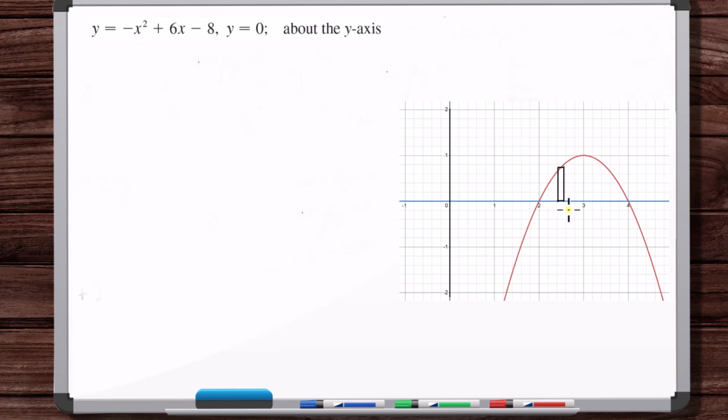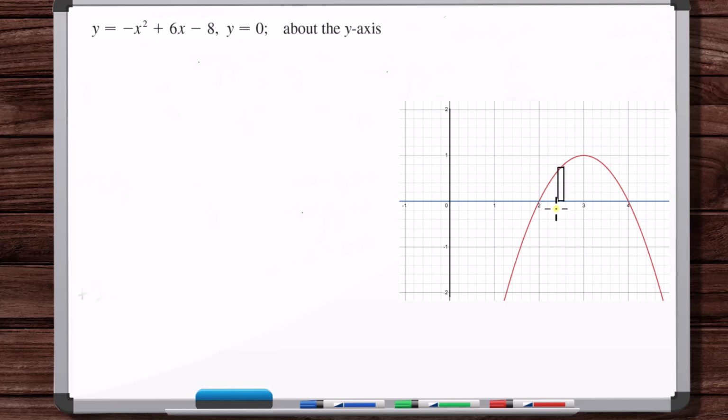Now, one thing to notice about the analysis that was just done is that I never really mentioned anything about discs and washers or cylindrical shells. I was just talking about which axis we're going to treat as the independent variable. That's all I was analyzing. We determined that treating x as the independent variable was the simpler way. If that had resulted in the disc washer method, then okay.